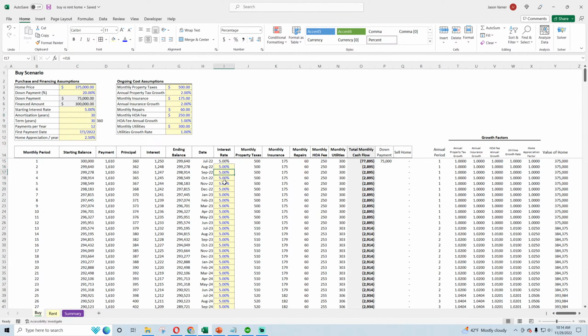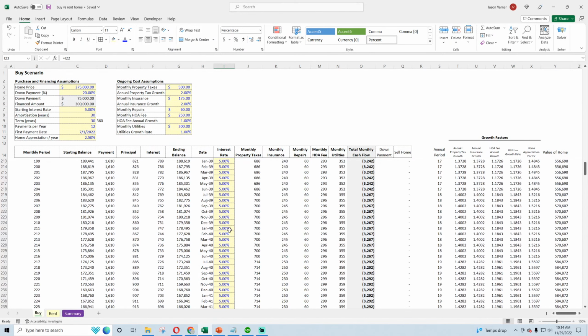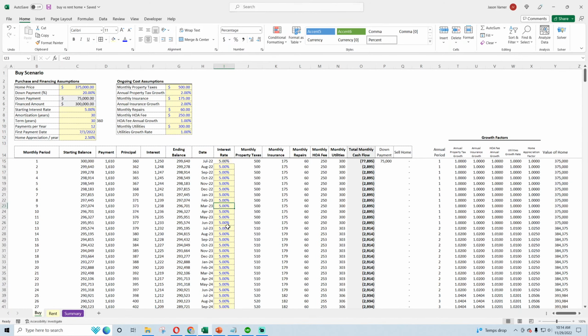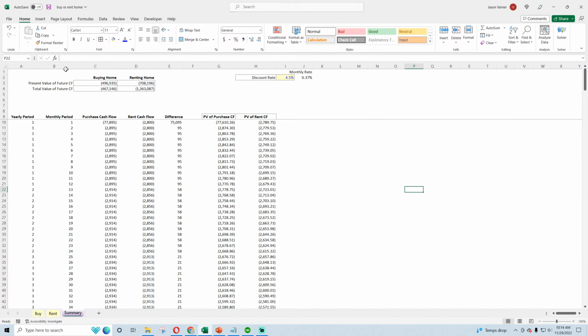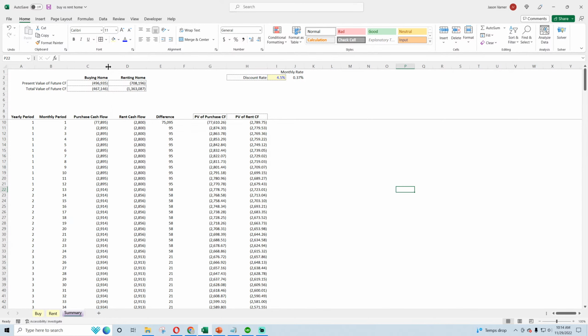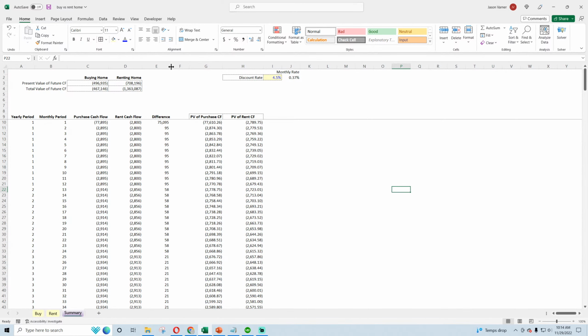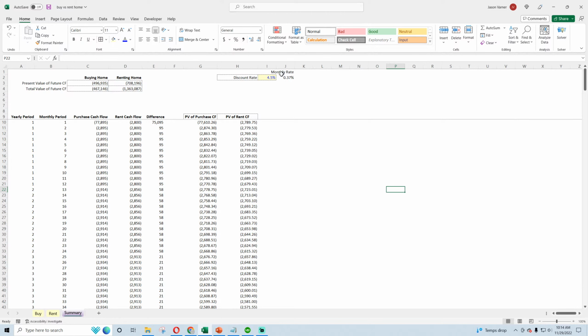Now, if you don't have a fixed rate, you can assume adjustments in the interest rate over time if you want. You can adjust it in this box here, or you could just keep it whatever the starting amount is and it'll automatically change. But there's so many factors to take into consideration when you're doing this. So that's why you need a model to hold all these variables in place while you adjust different things. And this gives you a good financial picture over the whole life of doing this.